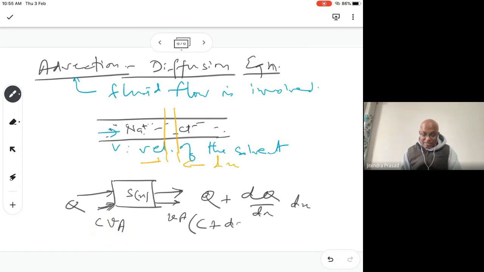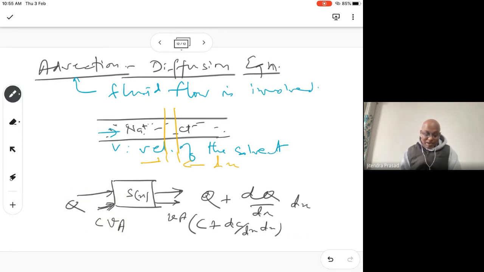plus dC over dx. One way of transport of these species is by diffusion; the second way is by the fluid itself. Since the fluid is flowing with velocity V, it carries with it a number of species depending on the concentration. So V times C times A will be coming in, and V times A times (C plus dC over dx times dx) will be leaving.